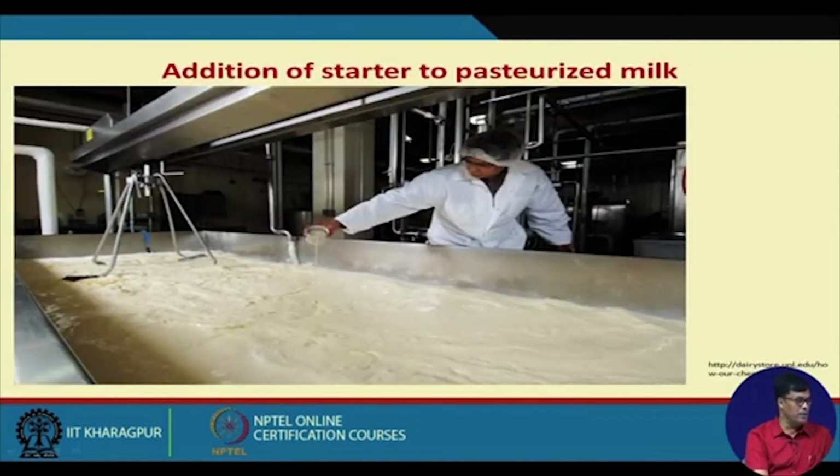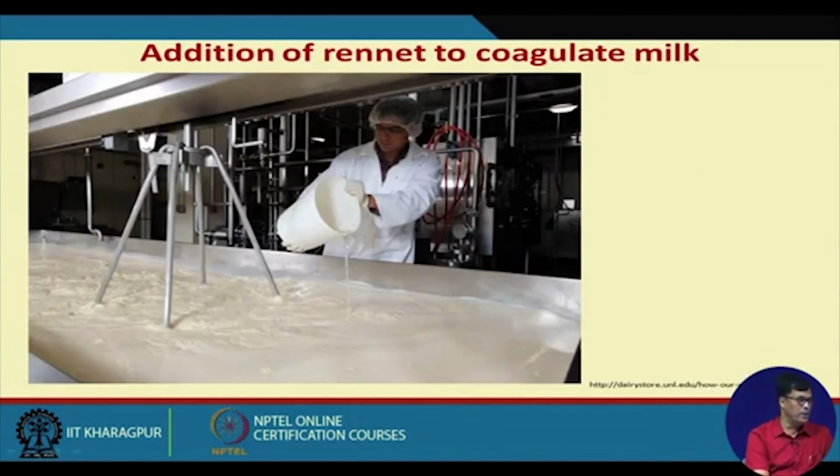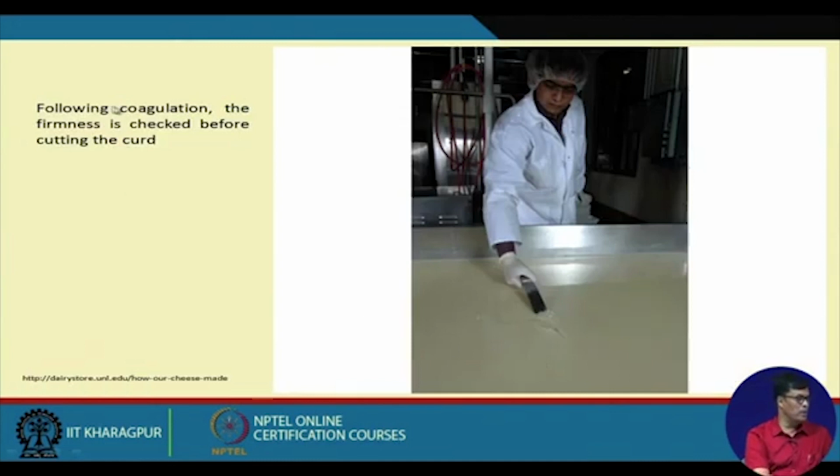Now, this is the addition of starter in the milk. In the pasteurized milk we can add the starter here. This is usually done in a vat. Then comes the addition of rennet for coagulation of the milk. That rennet is soluble in water. We add rennet here to precipitate out the proteins. Following the coagulation, the firmness is checked before cutting the curd.